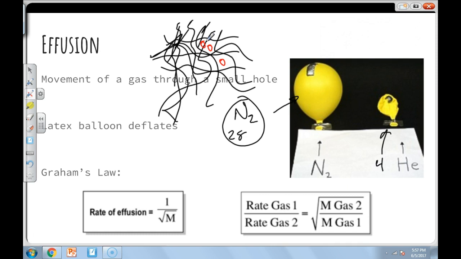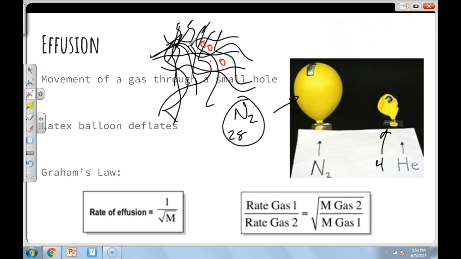So over time, all the gas will effuse through the latex, but the smaller one will effuse more quickly because the smaller one can get out of the hole, or even more holes, more quickly. Because those molecules are moving.